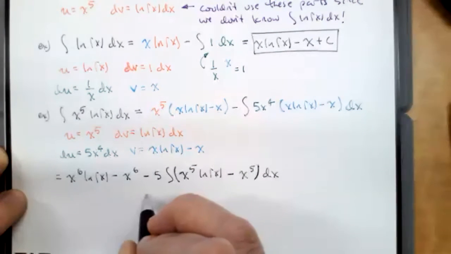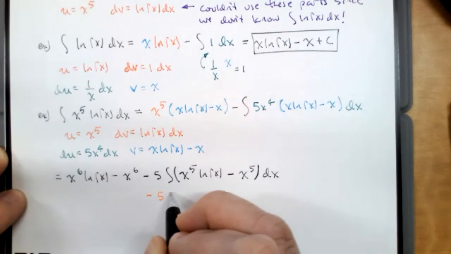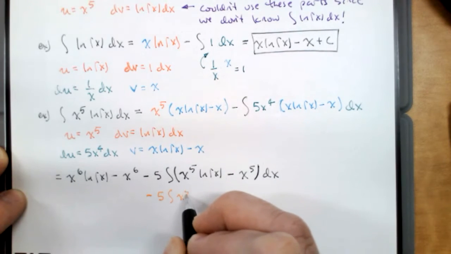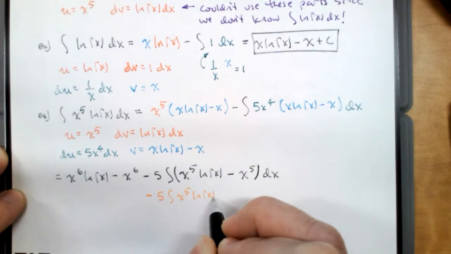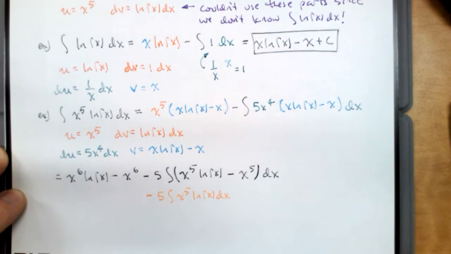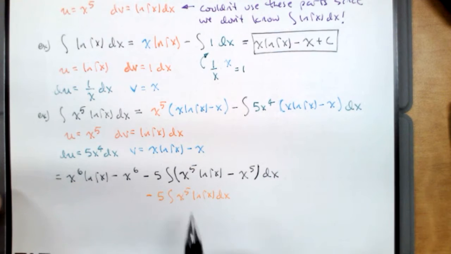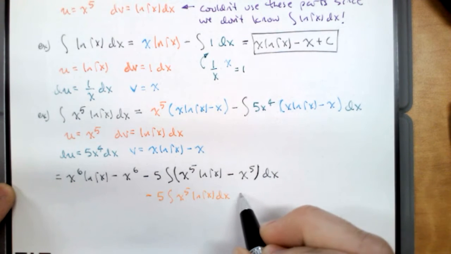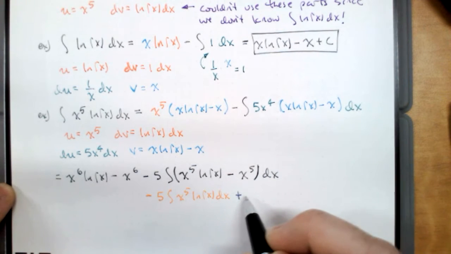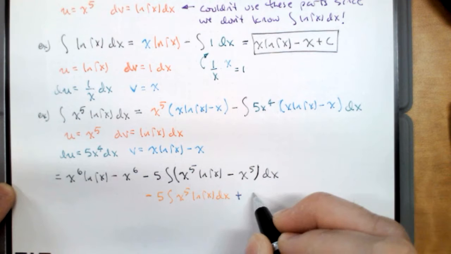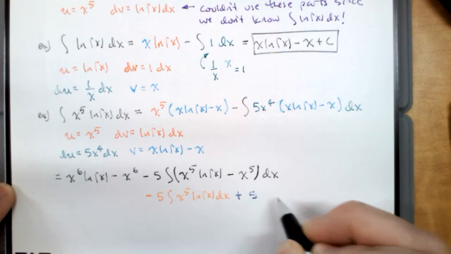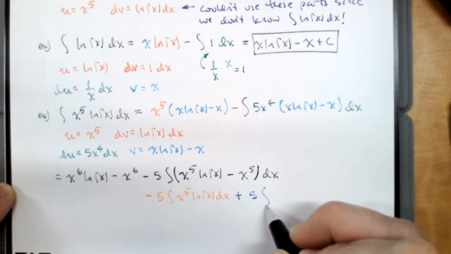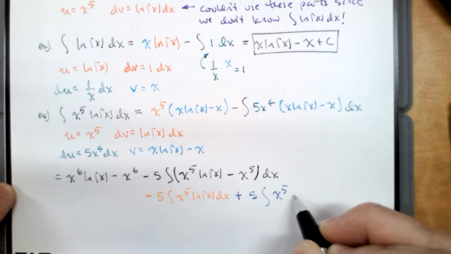Here we're going to have a minus 5 integrals of x to the 5th natural log of x dx. And I'm going to have the distributive property. Minus 5 times minus is plus 5 integrals of x to the 5th dx.